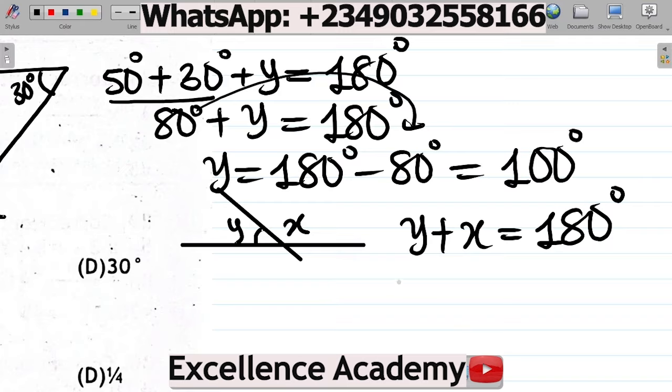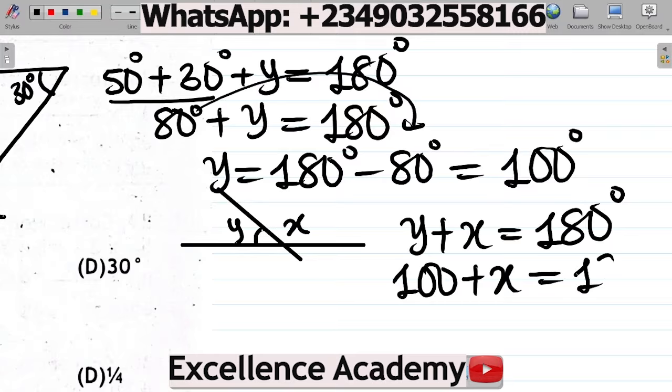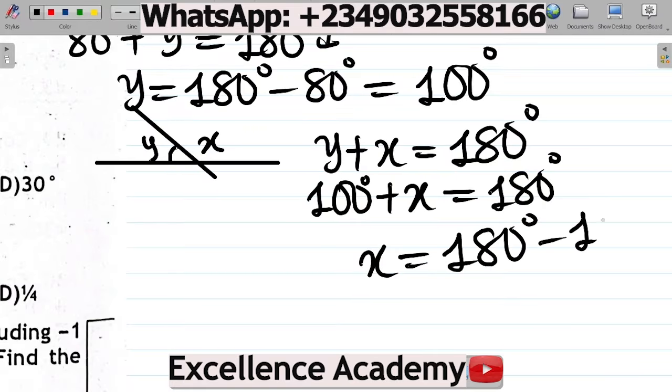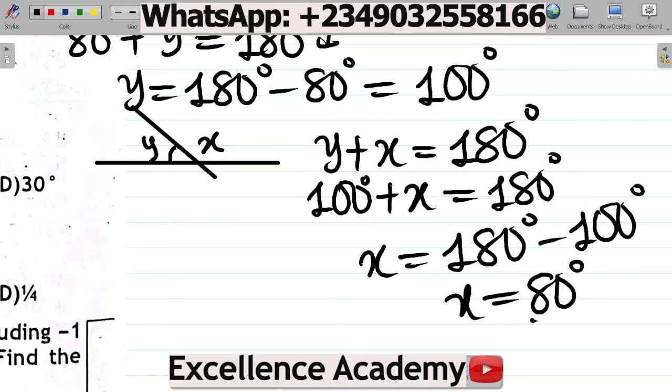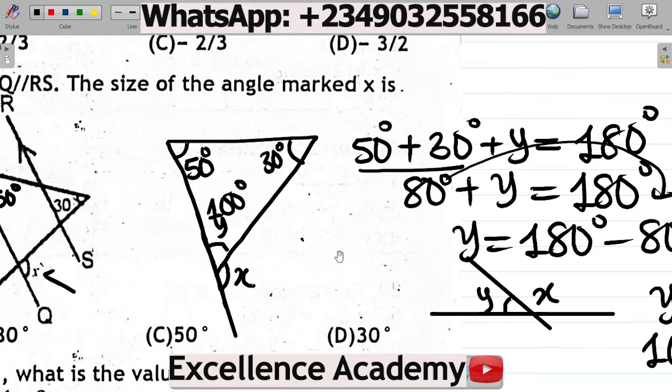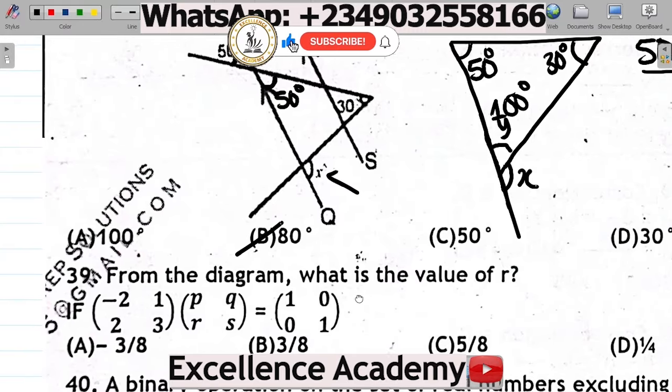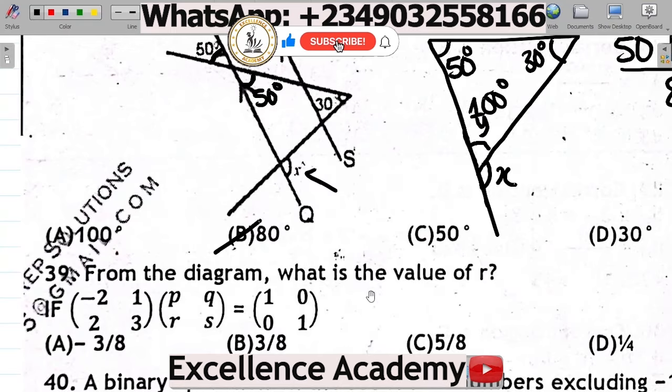Y is 100, plus x is equal to 180 degrees. So x now becomes 180 degrees minus 100 degrees, that gives you 80 degrees. So the value of x is 80 degrees. Let's see which option has that. That is option B. So option B, 80 degrees, is the correct answer.